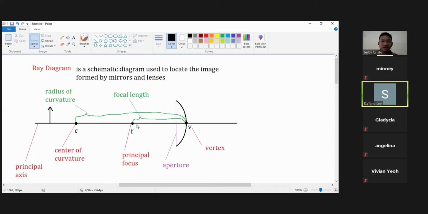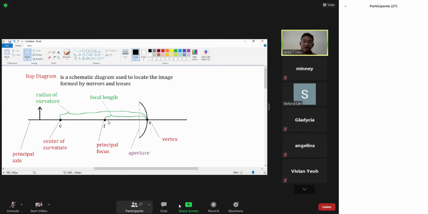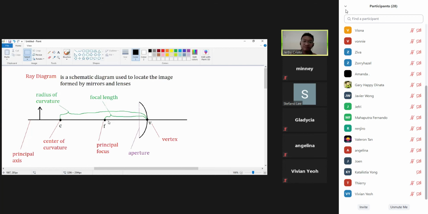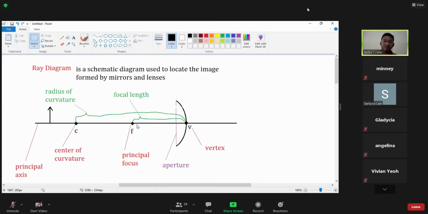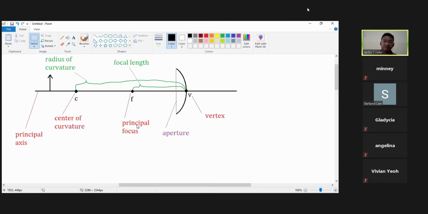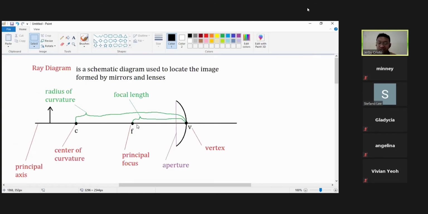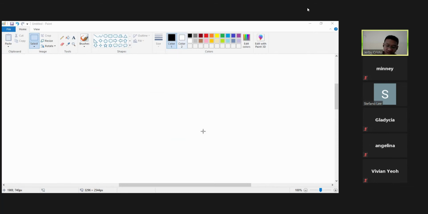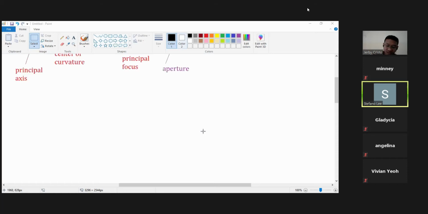Now let's have some examples of ray diagram. If you want to discover the rest, you can do so in the activity. So when we do the diagram for concave, let's have an example for that.